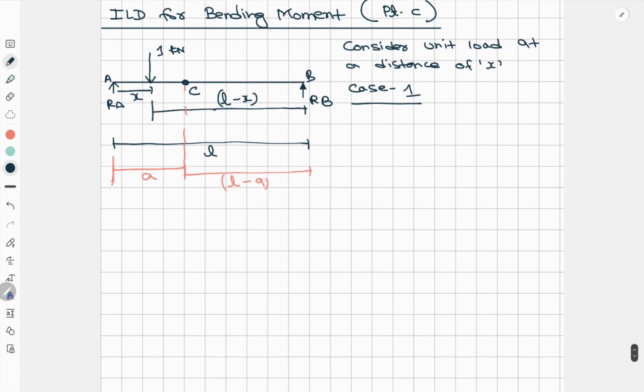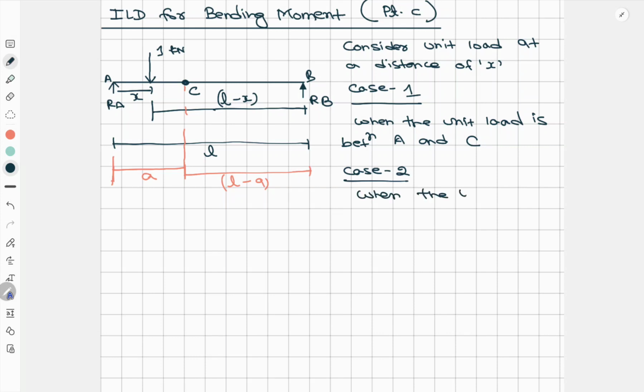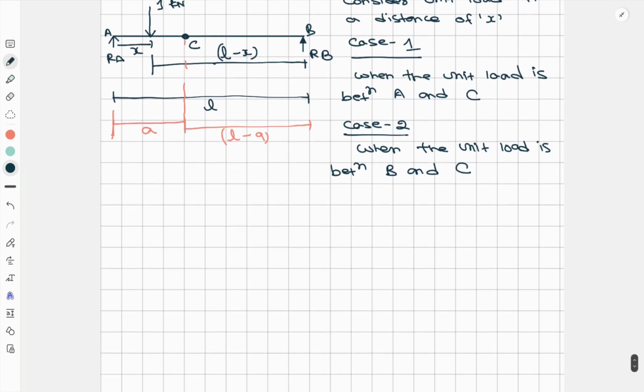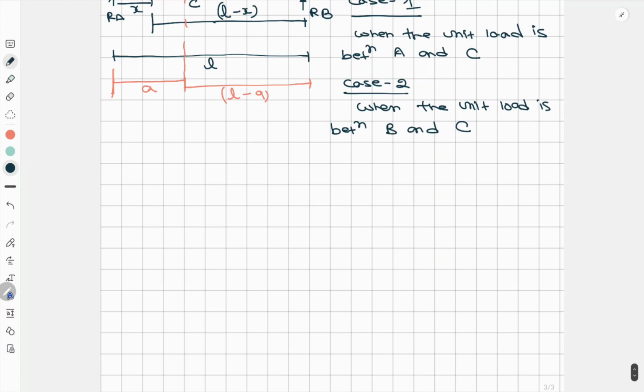For case 1, I'll write down when this unit load is between A and C. And in case 2, when the unit load is between B and C. These are the two cases which we have to solve. Now we'll go for case 1.